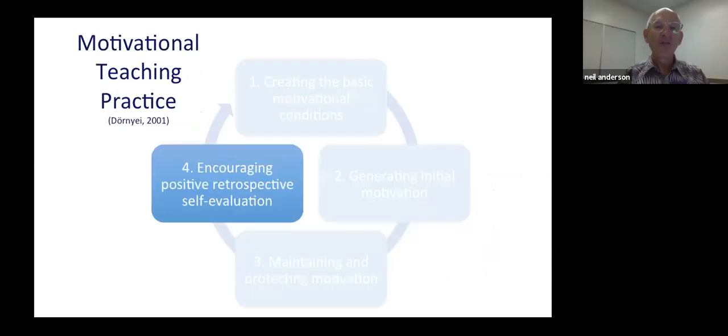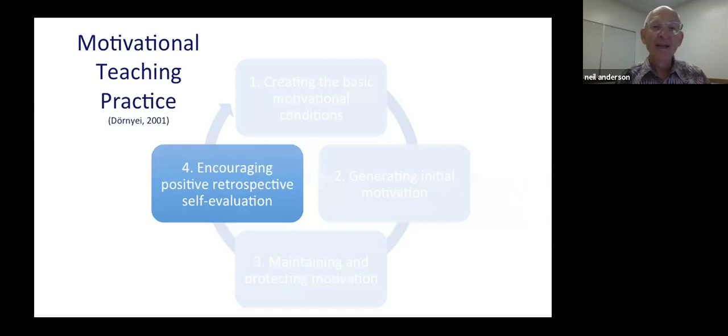Let's now focus on our fourth and final component of Dörnyei's motivational teaching practice. And here, Dörnyei invites us to be engaged in encouraging positive retrospective self-evaluation. Remember that the word retrospective means to look back.